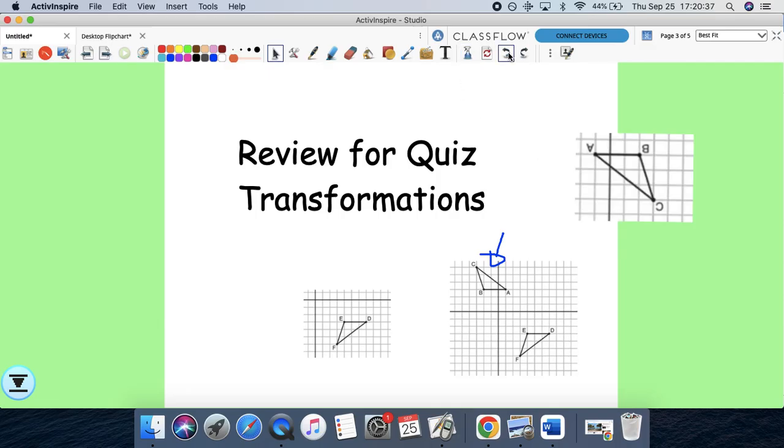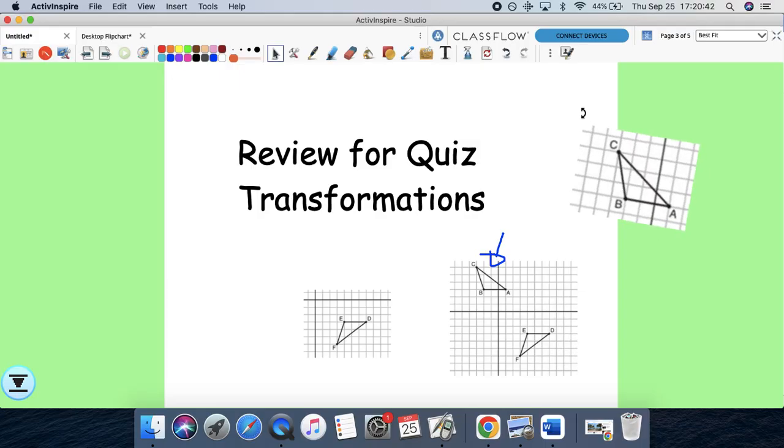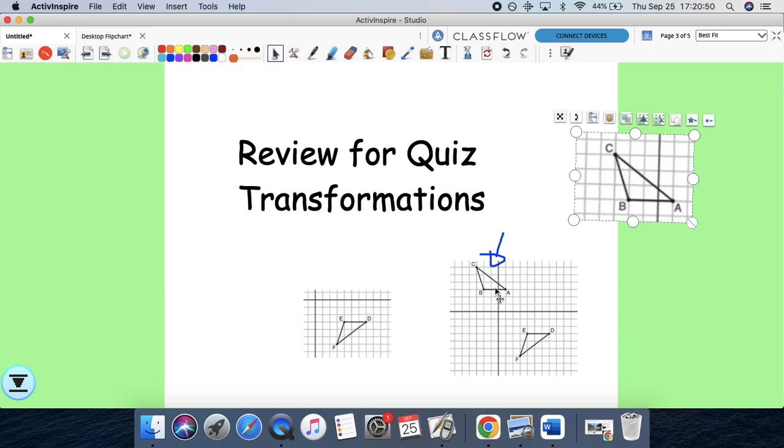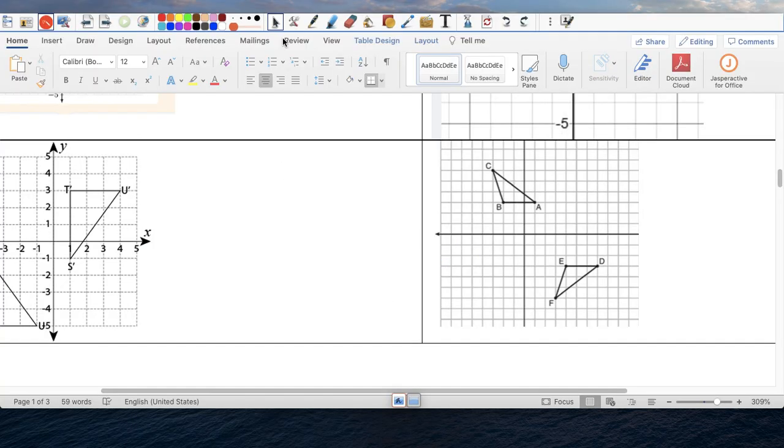What if I did a reflection? If I take this and reflect it down here. Alright, so let me go back to the big one here. Let's take this guy and reflect it over the x-axis. So here's my mirror, my line of reflection.